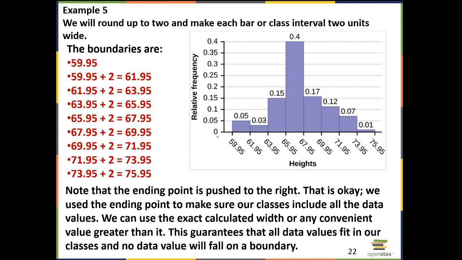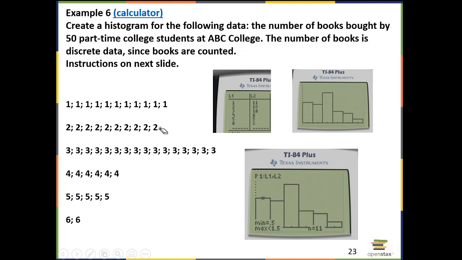Okay, so again, we have to decide on what to start with, and that is the smallest number. And then you have to decide how many decimal places you have to use for the boundaries. And the number of decimal places is one more than exists in the data, the maximum that is in the data. Okay, so let's do one with a calculator now.